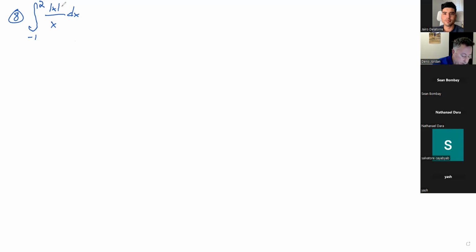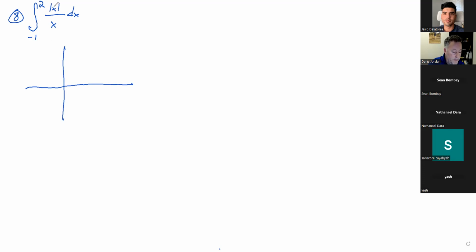So if you can't integrate this with any known technique, your only other option is to graph it and get the area from -1 to 2 for this one. So the absolute value of x over x, we've done it before, it's just been a long time.